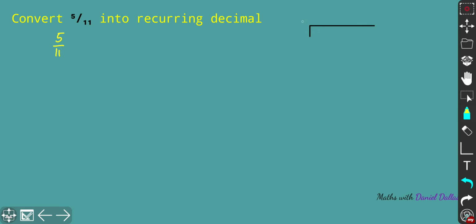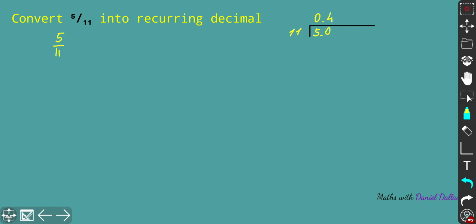Let's say you have 5 here and you're trying to divide by 11. 5 is not divisible by 11, so that's why you have 0 as the whole part. Now you put another 0 and try to divide the next 50 by 11. How many integer times can you take it?